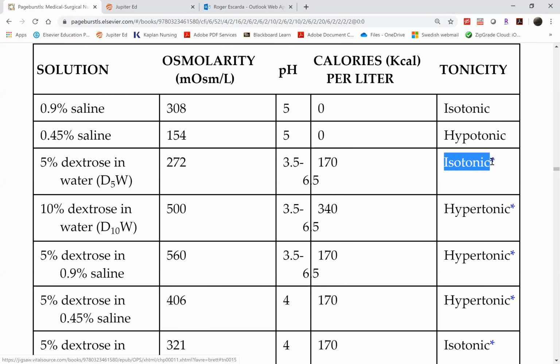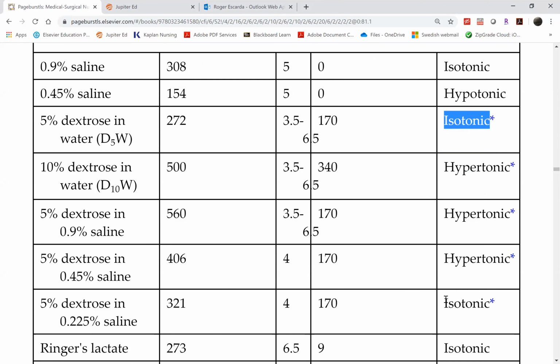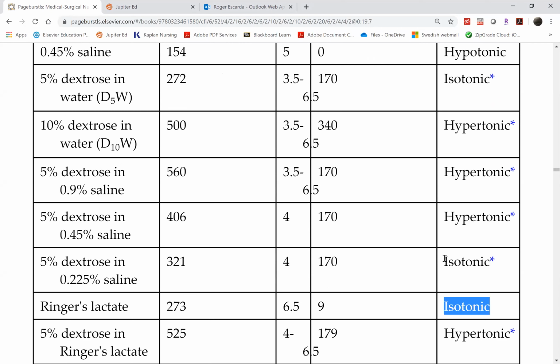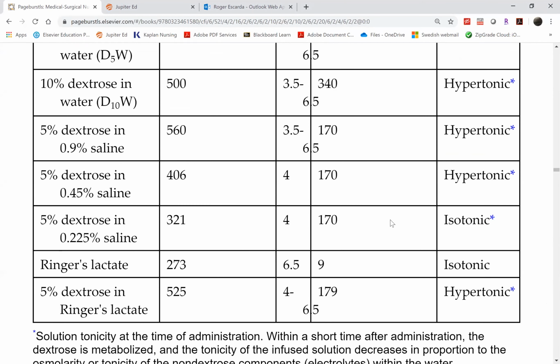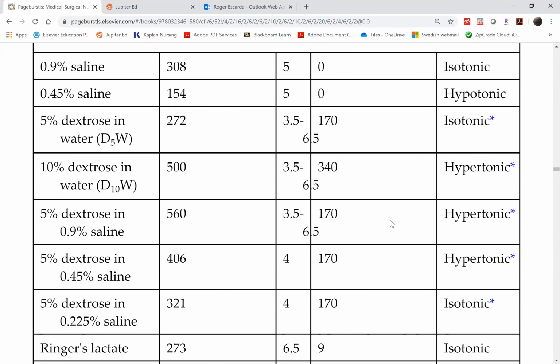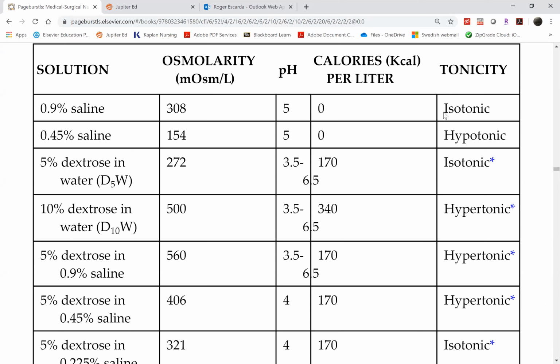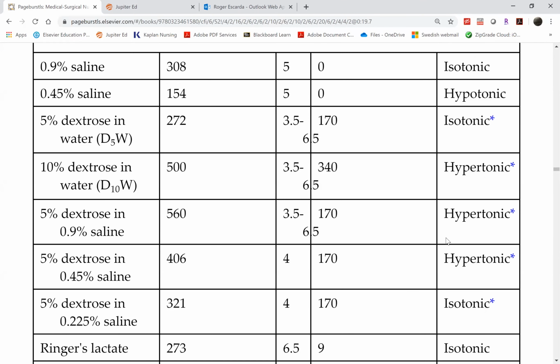So we have D5W, D5 water, and LR. D5¼ saline is very rare, not common, so you can forget about it because you'll seldom see that. So the most commonly used are saline, D5 water, and LR. LR is right here.